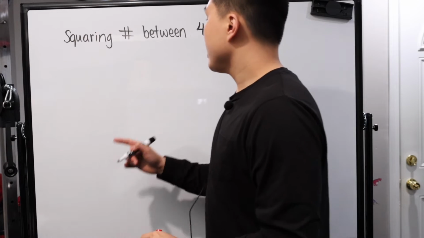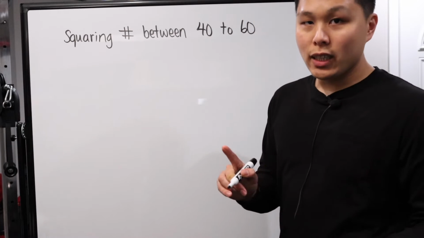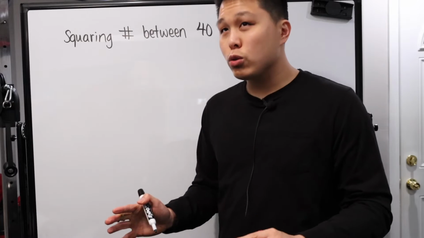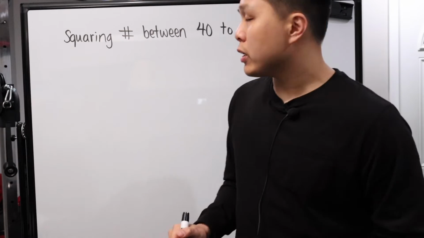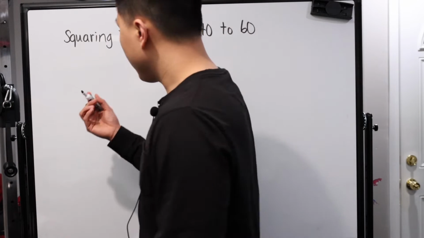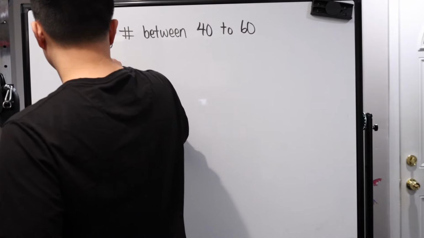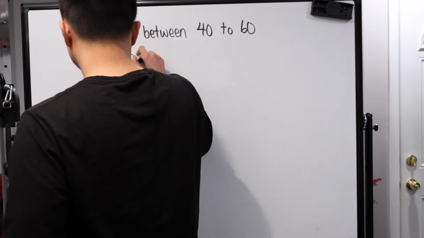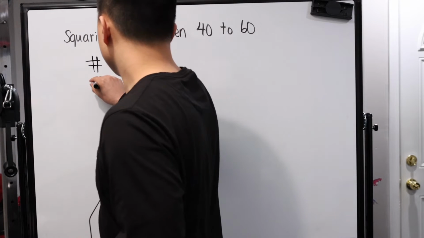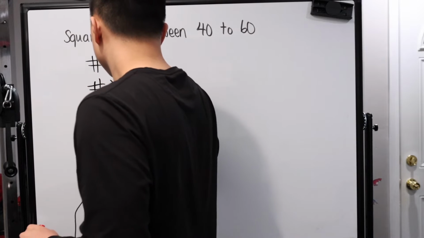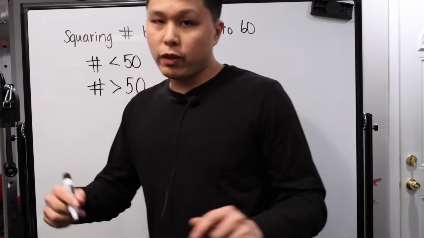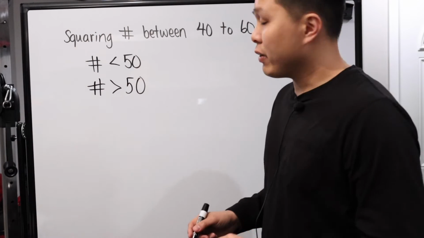The numbers between 40 and 60 fall under basically almost three categories, but I want to say two. It's either going to be numbers less than 50, or, you guessed it, numbers greater than 50. Of course, for numbers equal to 50, you should be able to do 50 squared fairly easily.